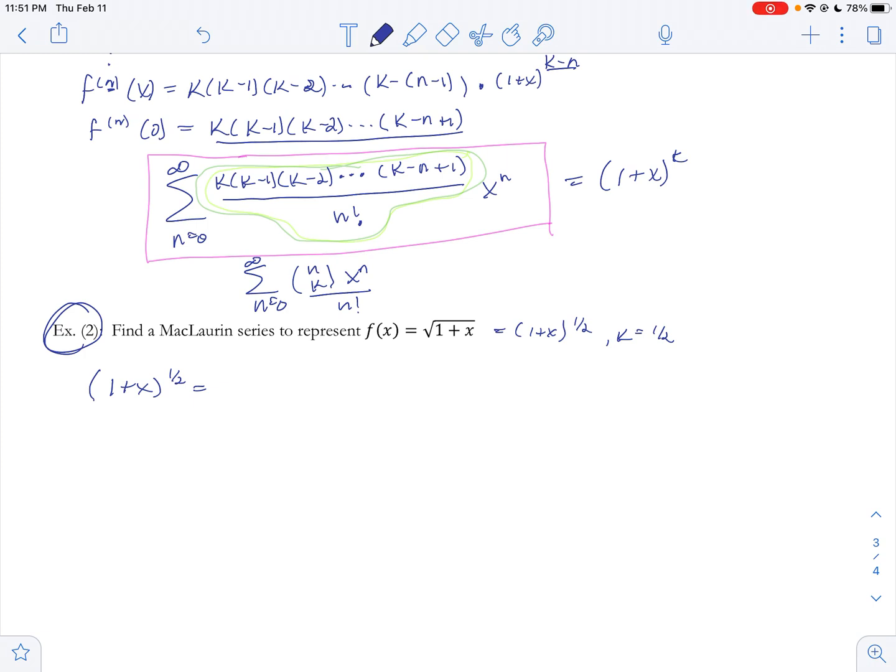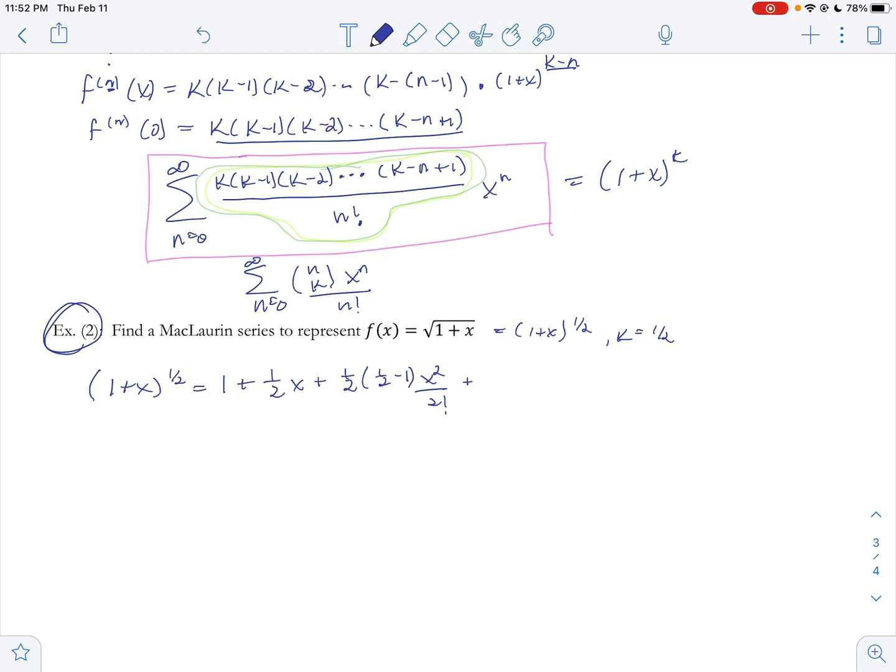When I plug in 1, I get 1/2, because that's my k, times x over 1 factorial. When I plug in a 2, I get 1/2 times 1/2 minus 1 times x squared over 2 factorial.